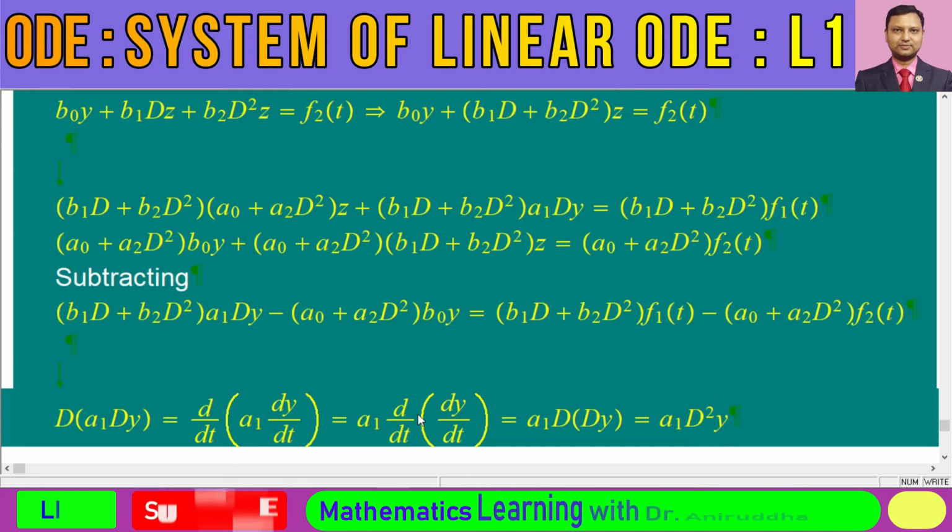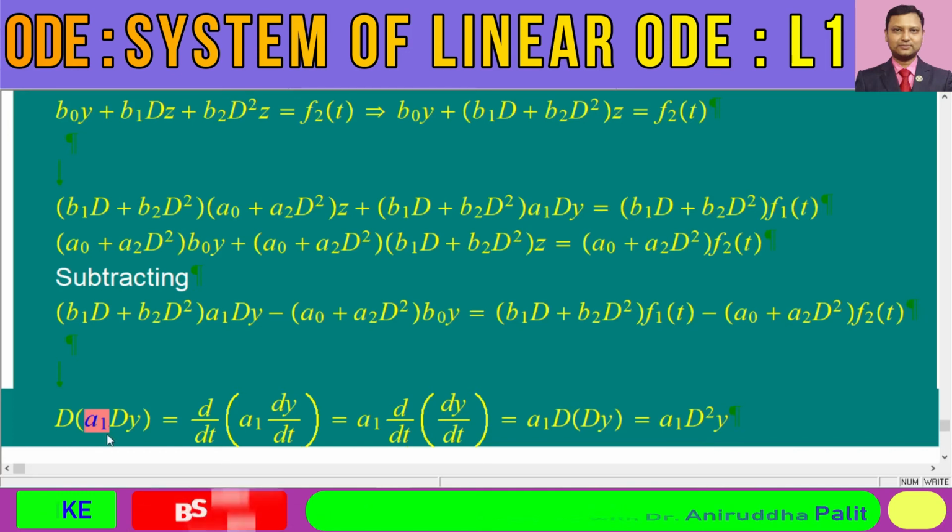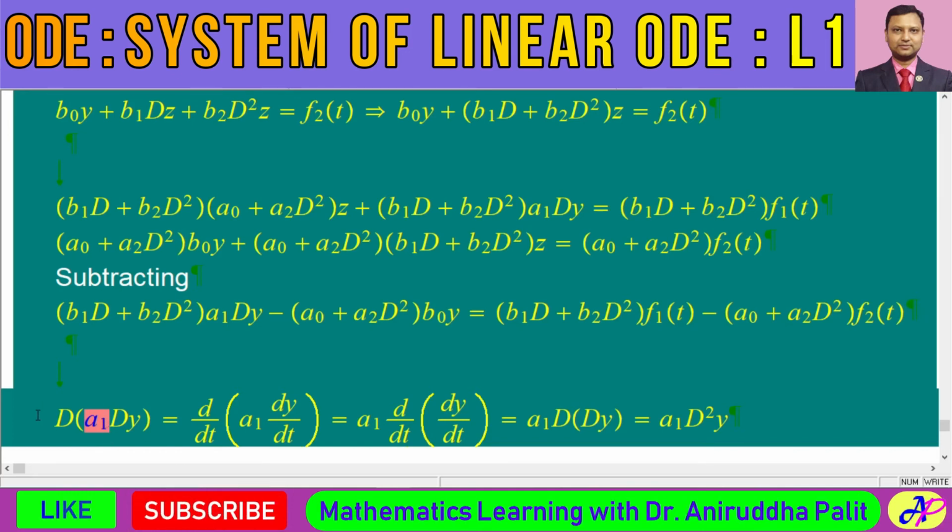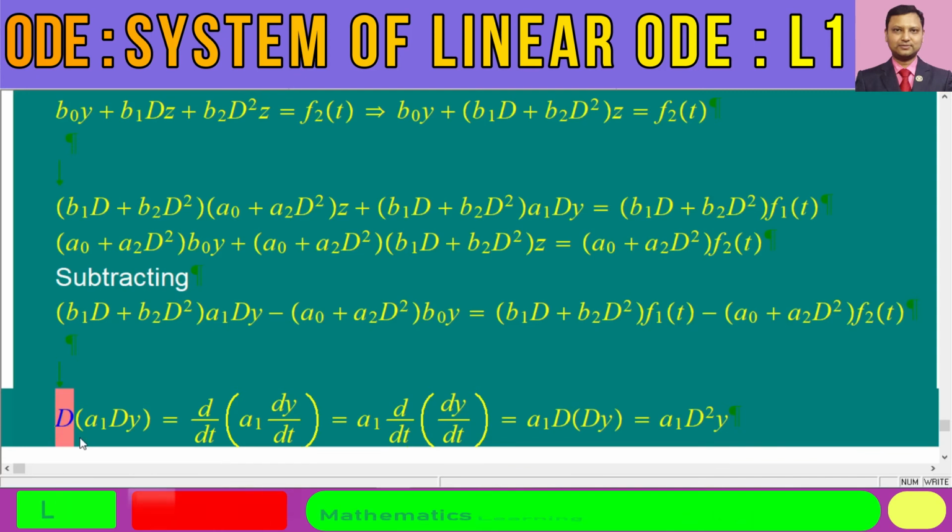So what I am trying to say is that whenever we have a constant term like a0, a1 or a2, we can shift it outside this kind of derivative operators. The operator may be D square, D cube, or whatever it is.